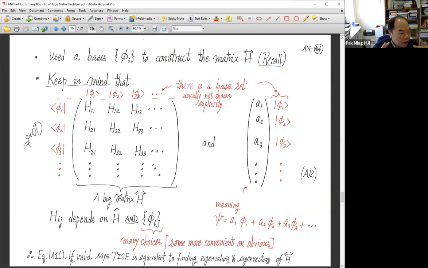For those who know a little bit of linear algebra, you start with a matrix. You keep on making transformation, meaning multiply the second row by a number, add to the third row, things like that. You keep on changing that. All these steps, these procedures will not change the eigenvalue, okay? But by doing so, you are introducing more and more zeros on the off-diagonal thing, and hopefully at the end, you have only the diagonal elements, okay?